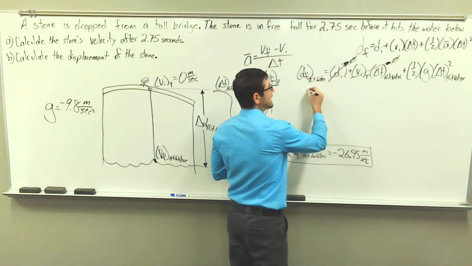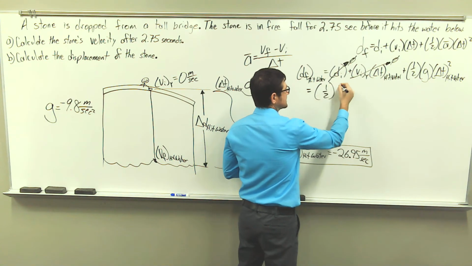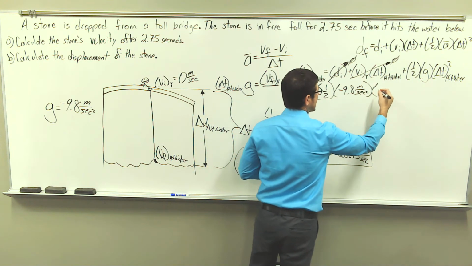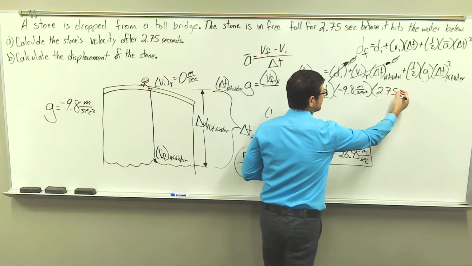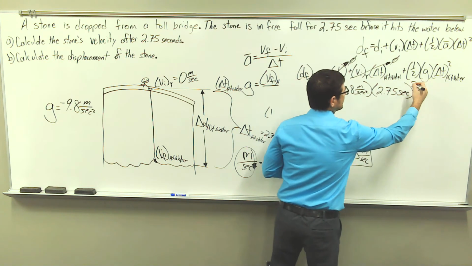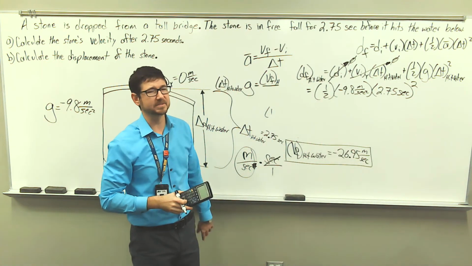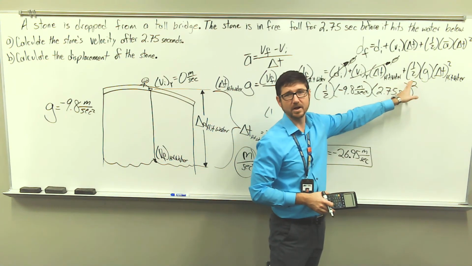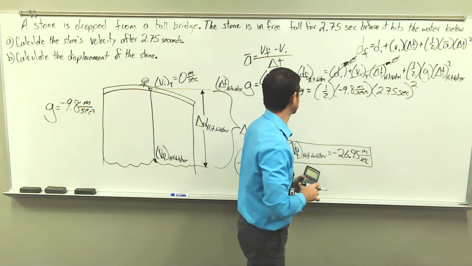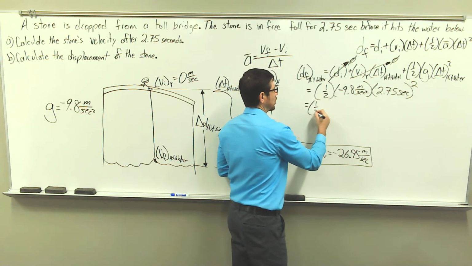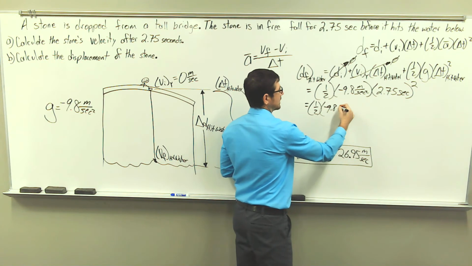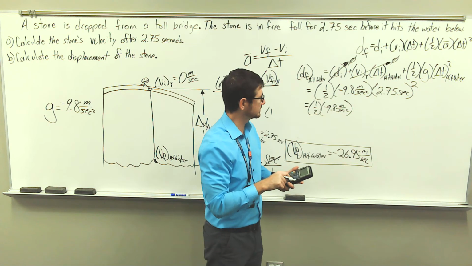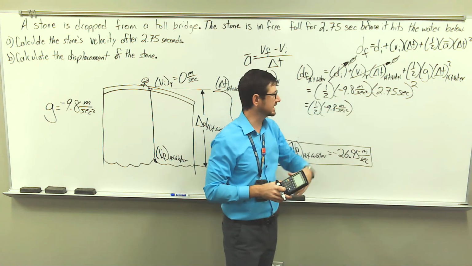So what we have is 1/2 times negative 9.8 meters per second squared times 2.75 seconds squared. So according to the order of operations, we have to take care of our exponent first. Just to do a reality check, we know we're going to be less than 9.